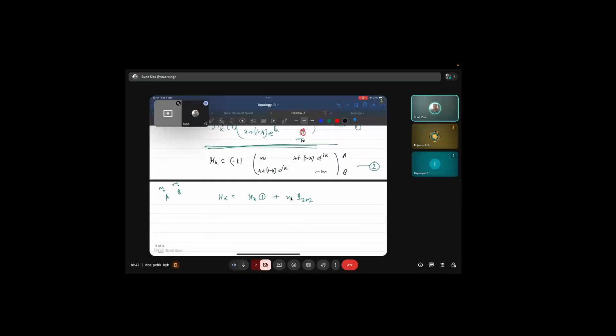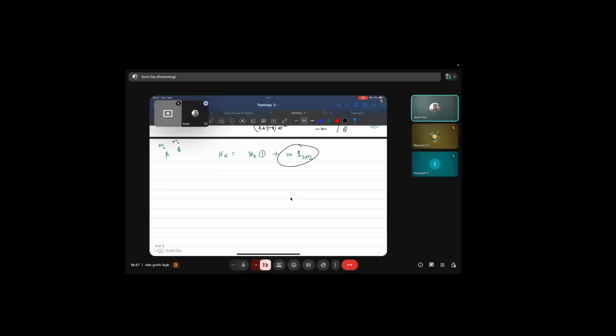But this constant energy you can always extract out. Earlier you had this kind of energy structure, this was plus t, this was minus t, but because of adding the mass term, what we have essentially is an equal amount of shift. But this is not going to change anything actually.